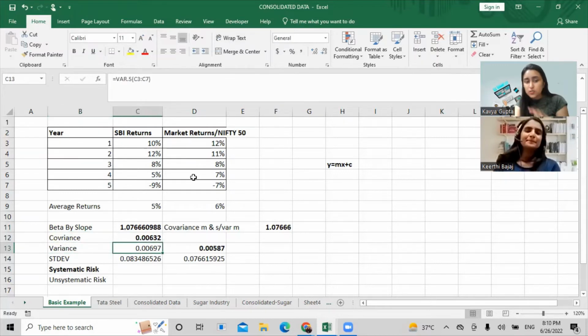Now, very, very important point here. Out of this, what is your total risk? You can see systematic risk is written here and unsystematic risk is written here, but I just told you who measures total risk. Tell me, is it the standard deviation in general or is it the variance?